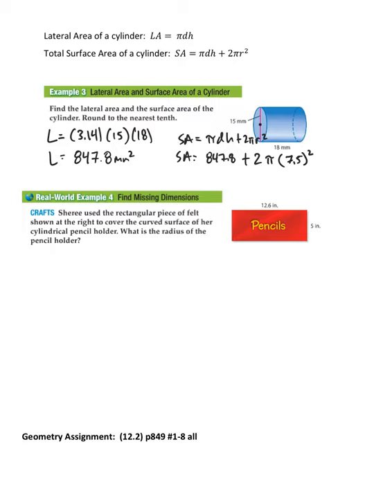Now we need to simplify that right side. 7.5 squared is 56.25. I'll write this out step by step: plus 2 times 3.14 times 56.25, so 353.25.